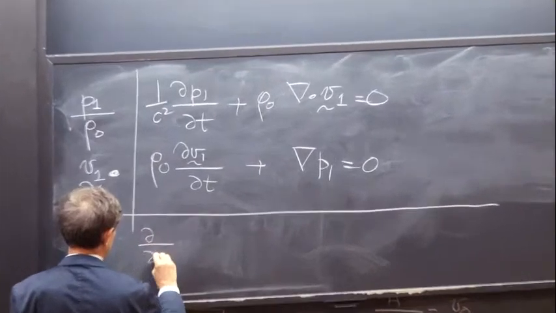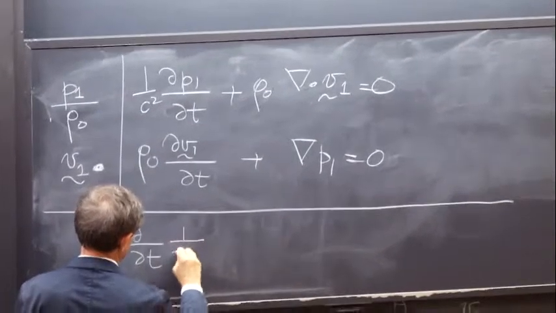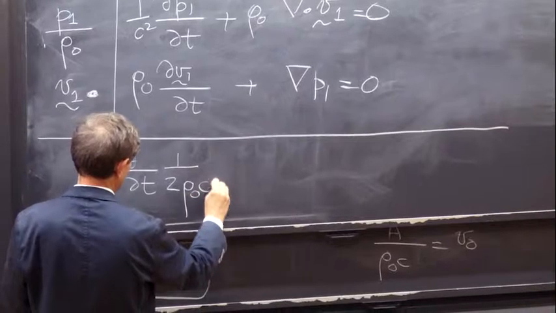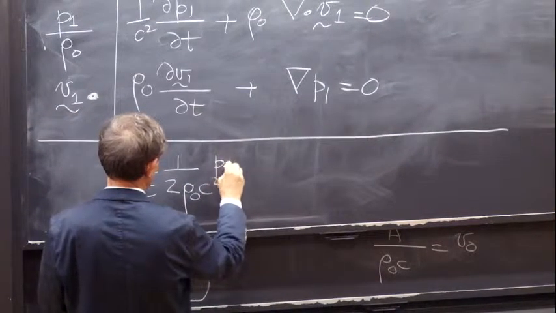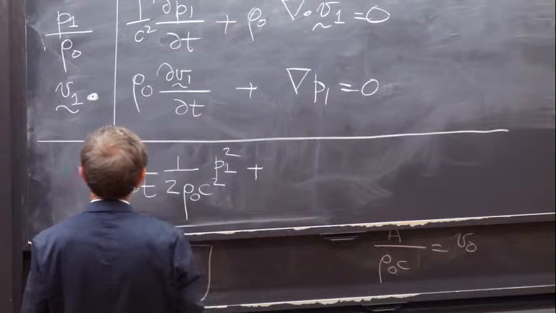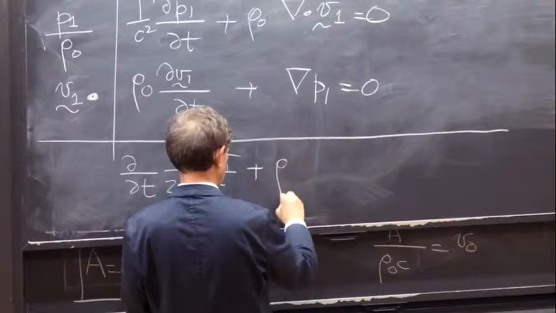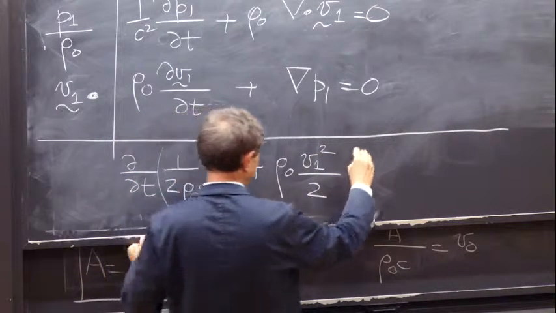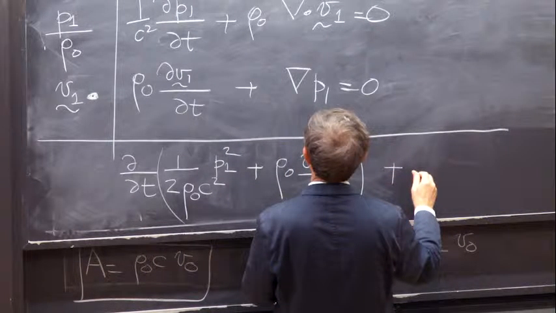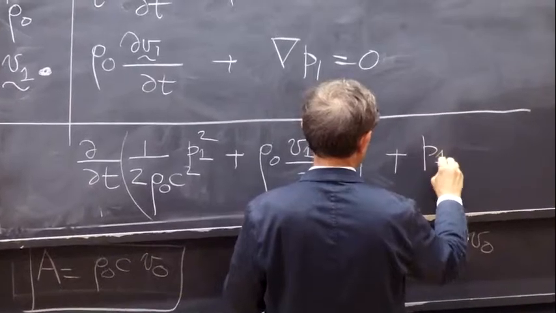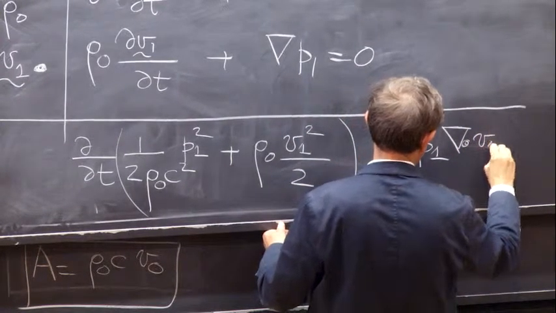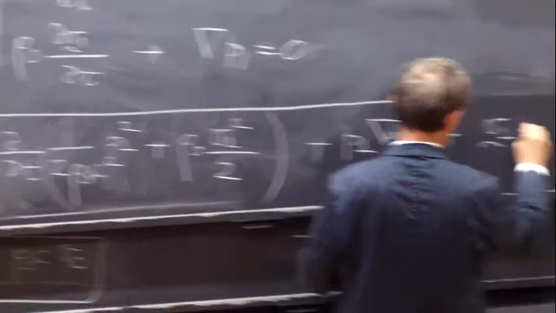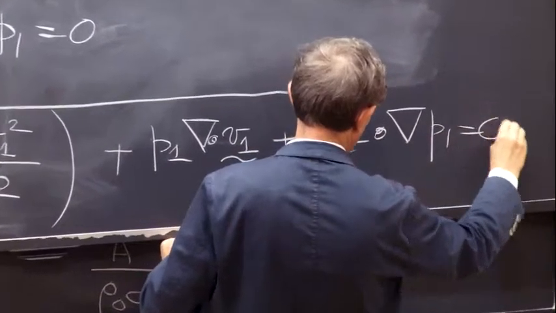D by dt of 1/2 rho 0 c square, this is constant, I can put it here, P1 square, plus rho 0 can be also placed inside here, V1 square over 2, like that, plus, and now we have two terms, P1 divergence of V1 plus V1 gradient of P1 is equal to 0.